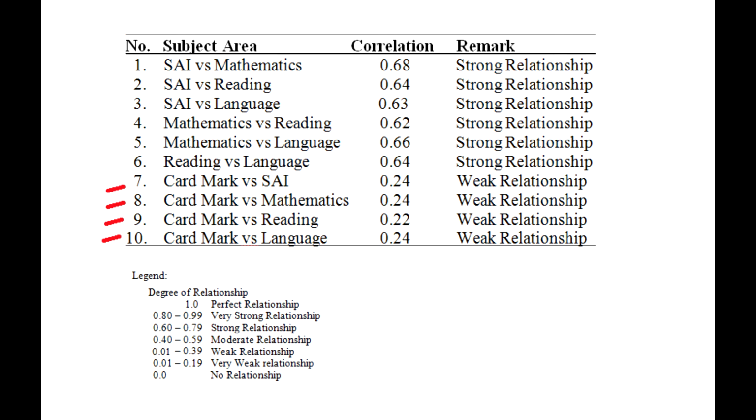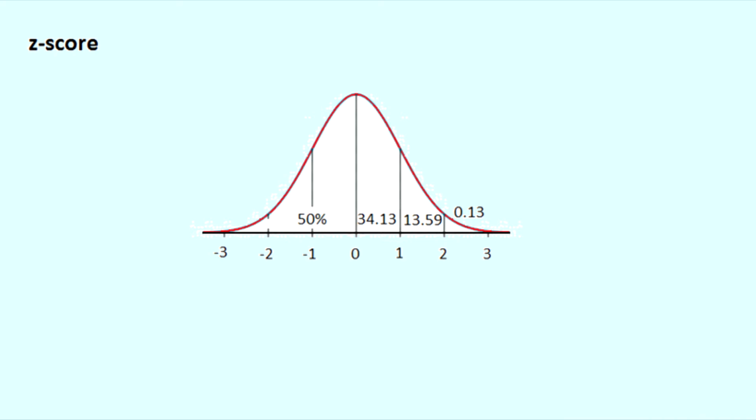The card mark has a very low correlation compared to the other subject areas in the result of the succeeding entrance exams, since teachers of different schools don't have the same and proper standardization. To correct this, the Z-score should be introduced like in the sample above in S-tenine.